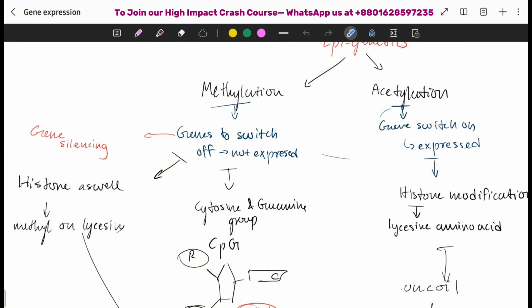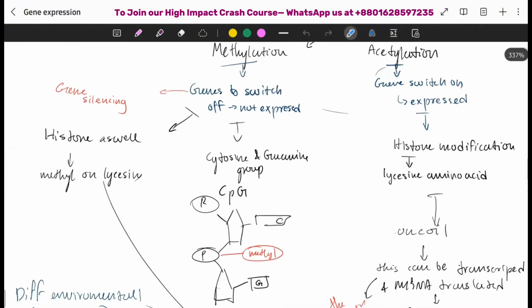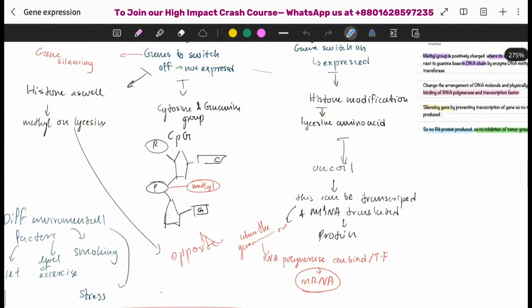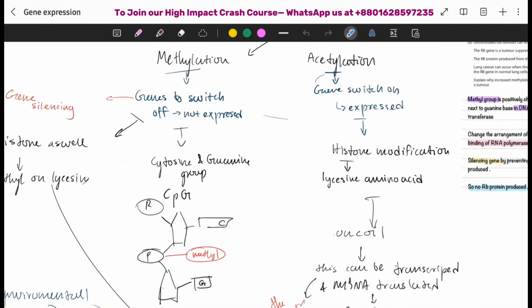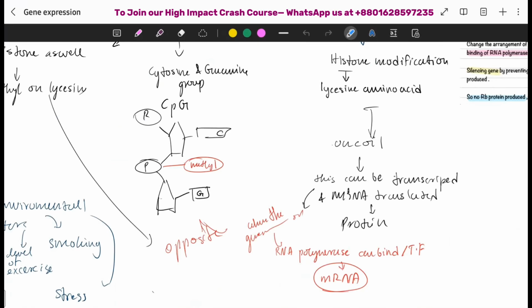For methylation, cytosine and guanine, and histone as well, methylation of lysine. Shown here, we have acetylation, histone modification, the lysine, okay. Uncoiled, so this can be transcribed now.